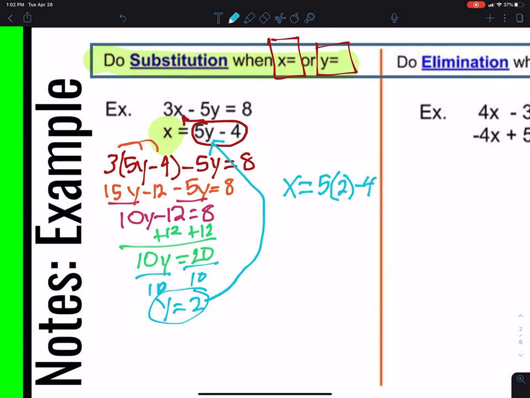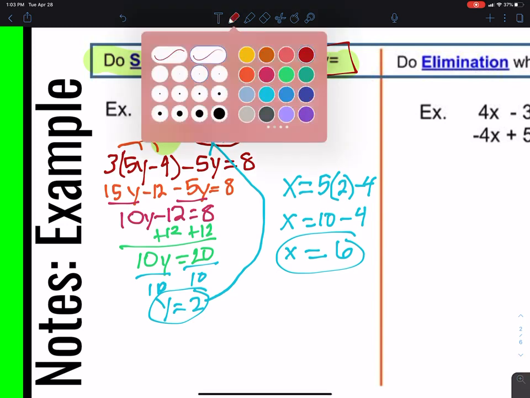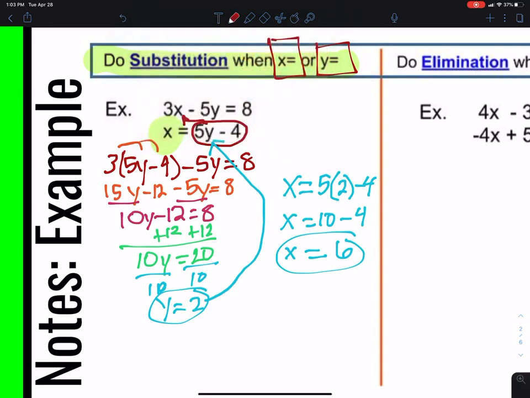Then we solve using order of operations. x equals 10 minus 4. x equals 6. So now we have what y equals and what x equals, and our answer for this system is (6, 2). This is the location where these two linear equations cross.